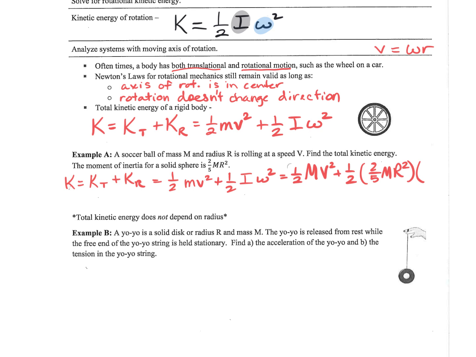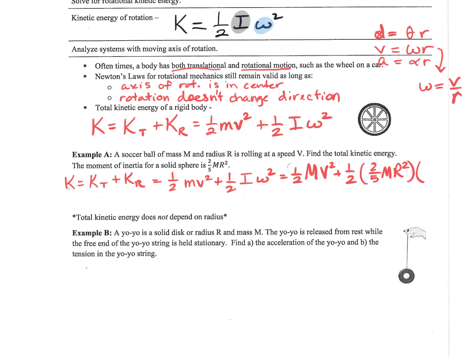Doesn't V equal omega R? Don't we remember this from the very first thing we studied in this chapter? V equals omega R, A equals alpha R, X or D equals what? Theta R, right? So omega equals V over R, doesn't it?